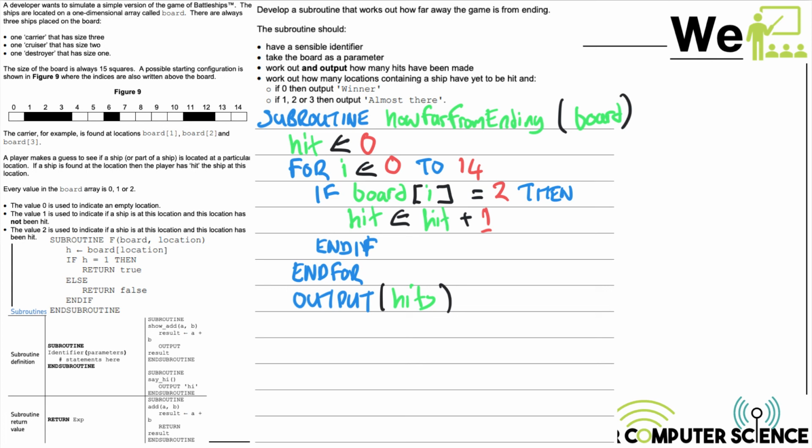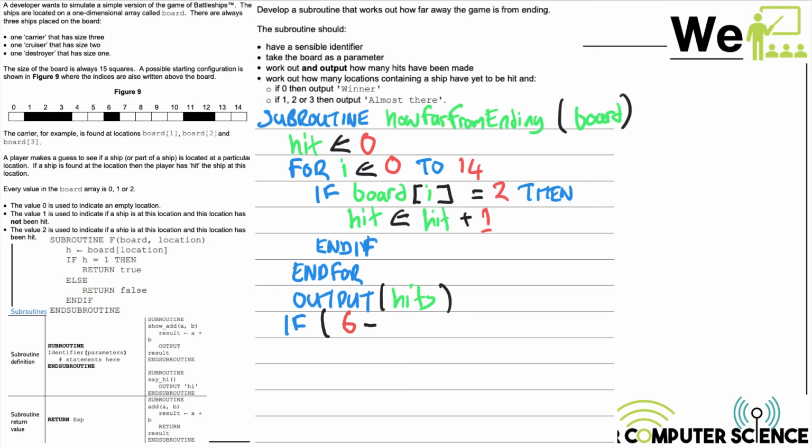Anyway. And then next it says, work out how many locations containing a ship have yet to be hit. So that would be 6 minus hit. If it's 0, then output the winner. So for this one, we could say something along the lines of, if 6, which is the total number, minus, in fact, you know what?